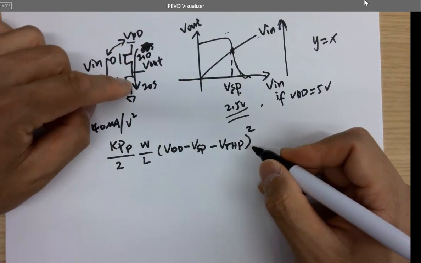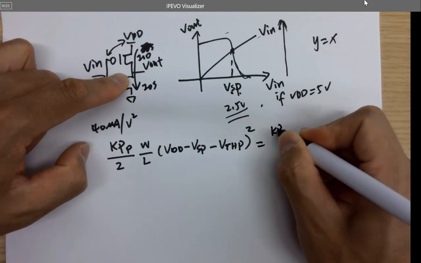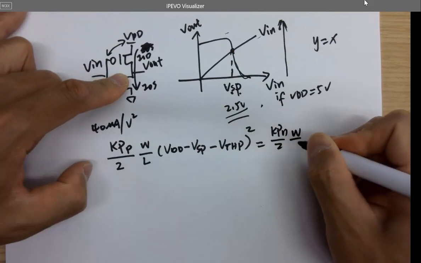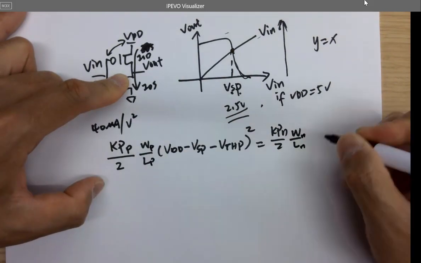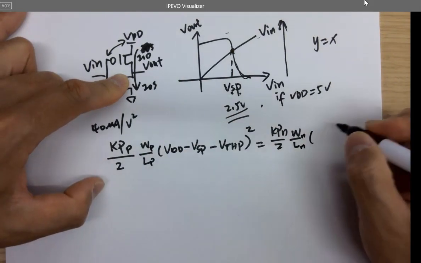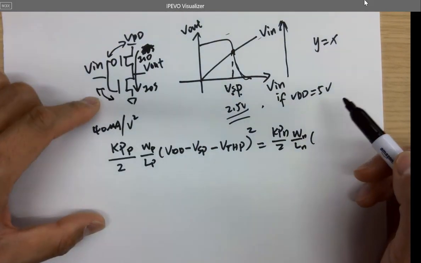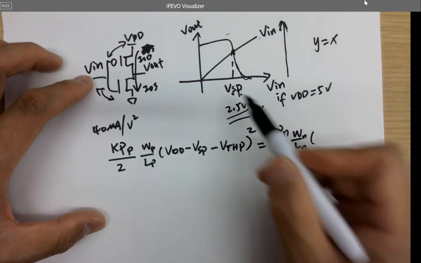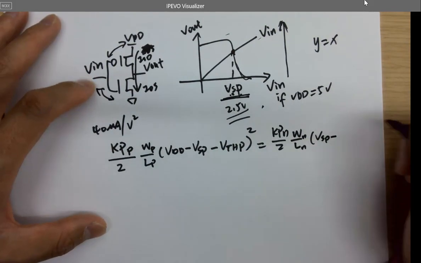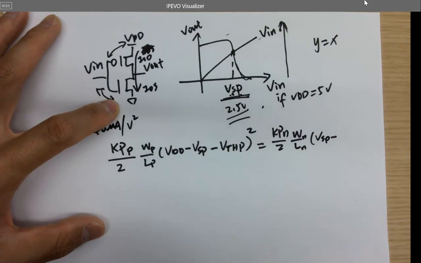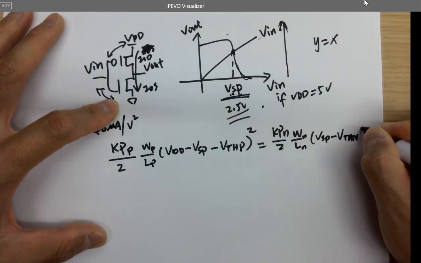That equals the source-to-drain current of the NMOS, which is KPN over 2 times W over L. So these are the PMOS's W and L, and this is the NMOS. And you are looking at VGS in this case. So G is V in, and V in is VSP in this case. So VGS is VSP, so VSP minus VTHN, squared.